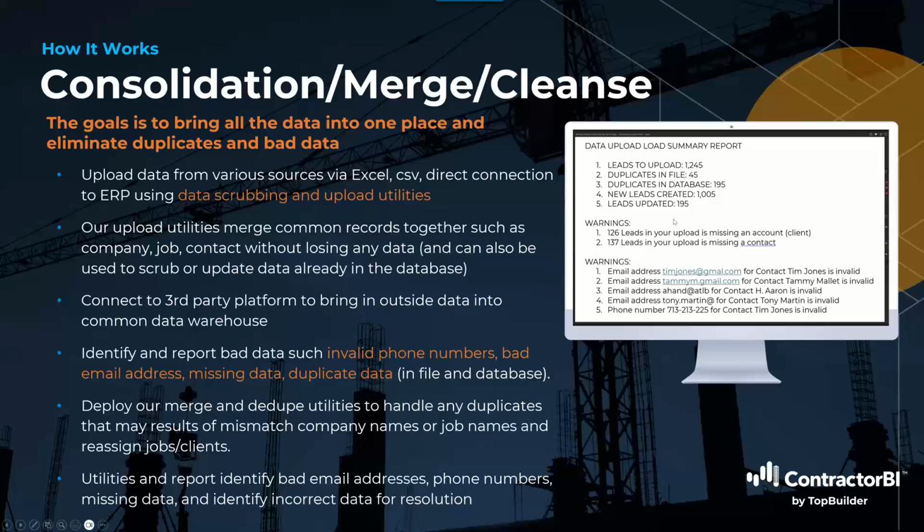You see it on your screen over here on the right. It tells you how many leads you've uploaded. You may have some duplicates in that file itself, and we look at job numbers and things like that to make sure it's not a duplicate. You might have some duplicates in your file, or some that already live in the database, and we'll identify those and we won't create duplicates.